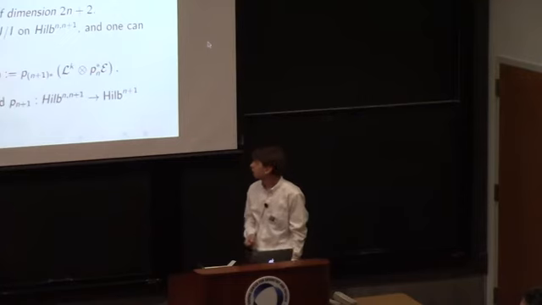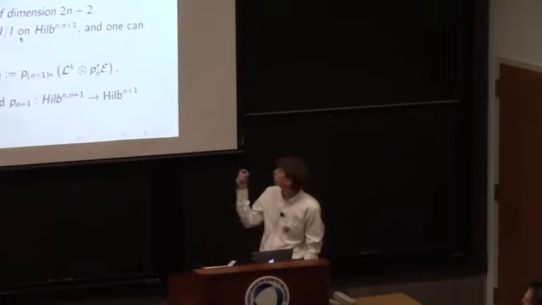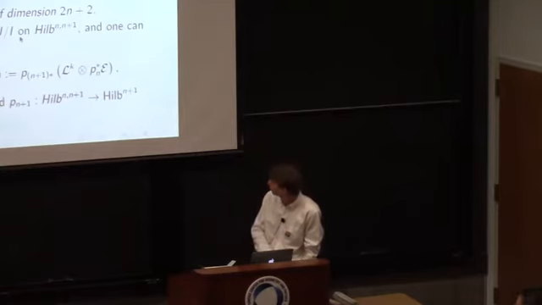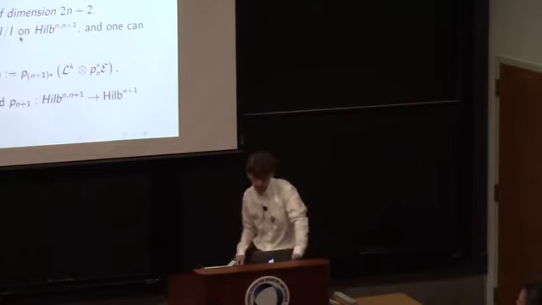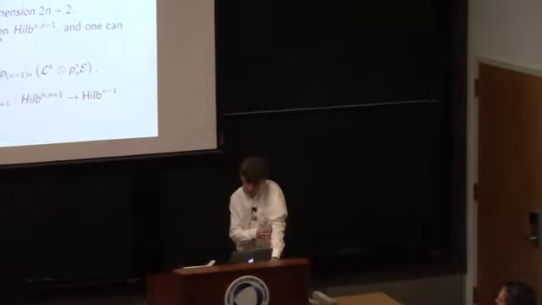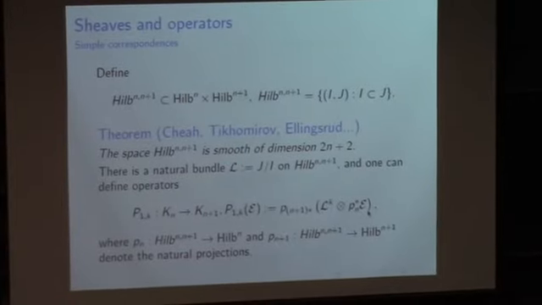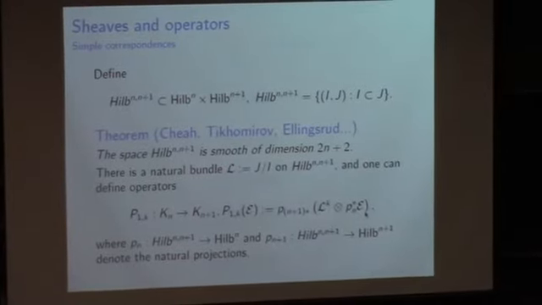And there is a natural line bundle on this Hilbert scheme of n plus 1, which is defined as the quotient of J by I. So the fiber of it is one-dimensional because the difference of codimension is 1. And we can actually define some interesting operators in K-theory of the Hilbert scheme using this line bundle and this correspondence. So we can start from some sheaf E on the Hilbert scheme of n points.